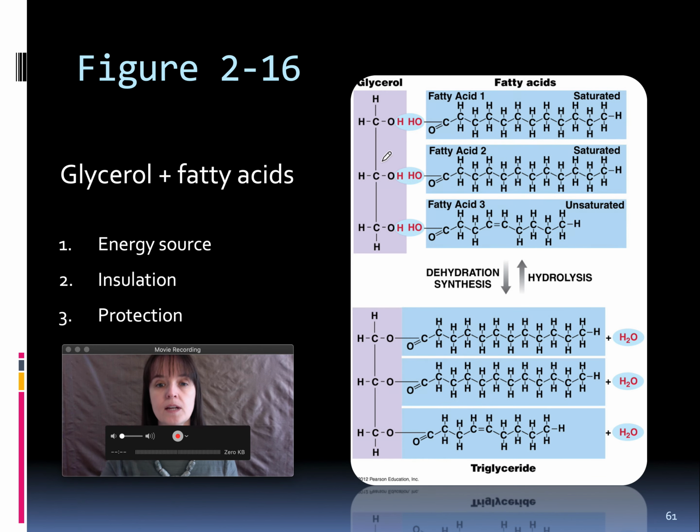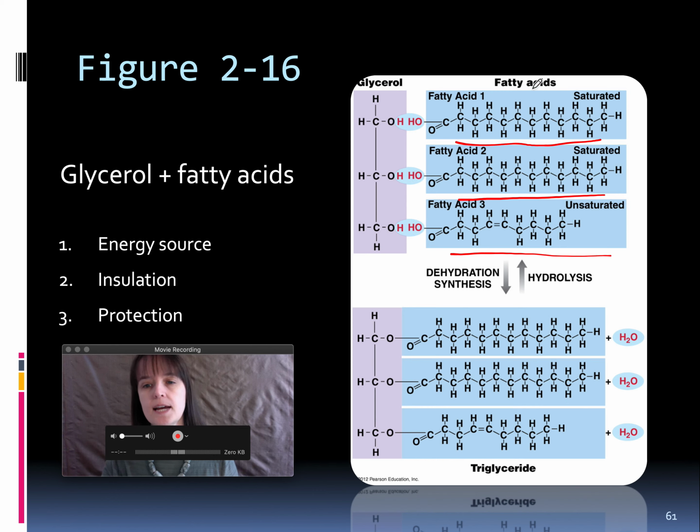A diglyceride, di means 2, is a glycerol plus 2 fatty acids. And a triglyceride is our glycerol, which is the backbone of this glyceride, plus 3 fatty acids.